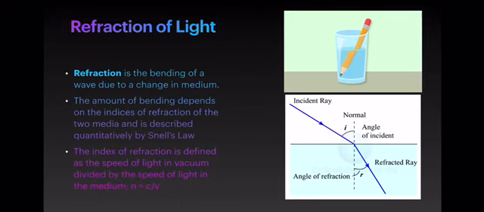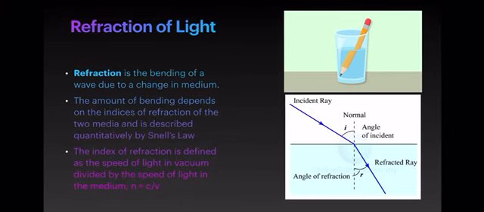So basically, the light was traveling through the air in the first half of the cup, then started traveling through water, which is a different substance. So basically, there was a change in the media that the light was traveling through. So the light bends, causing this broken image that we see.